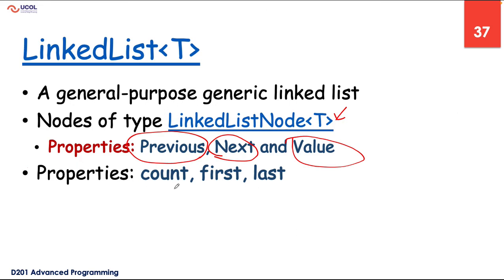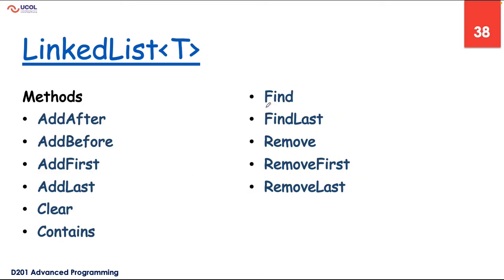It also has properties like, in the linked list, count, how many elements are there in the list, or what is the head node, the access point to the first element, and also the last element. And then we also have some methods: add after, add before, add first, add last. Clear means that we are clearing all the elements which are present in the linked list.